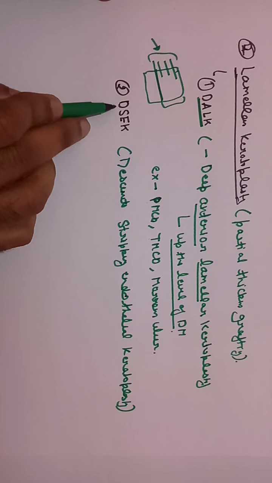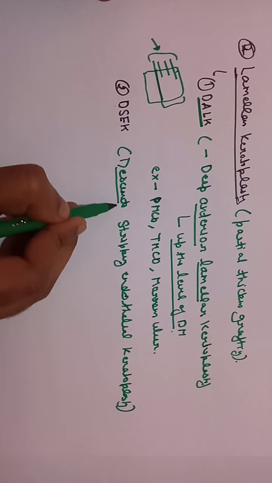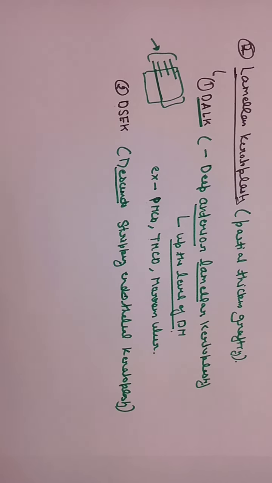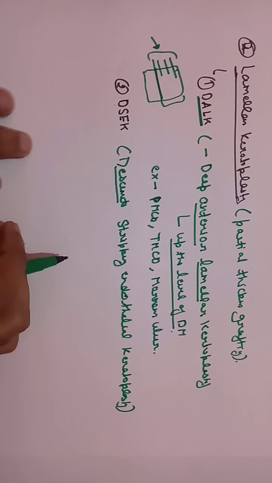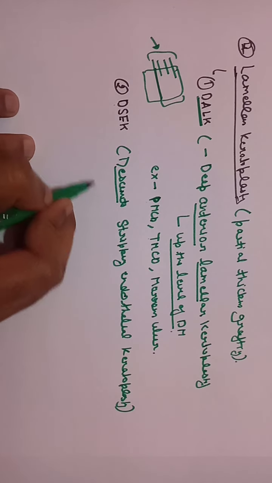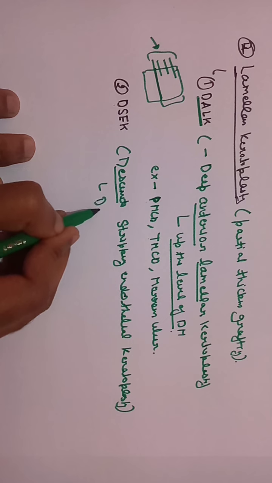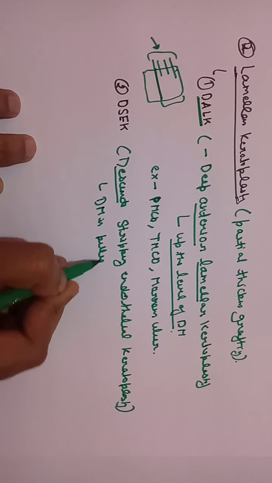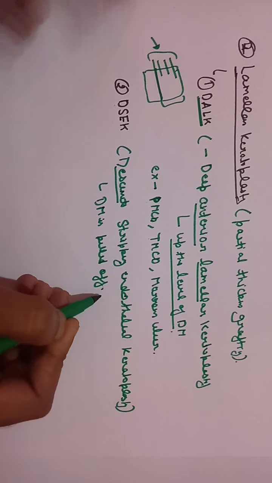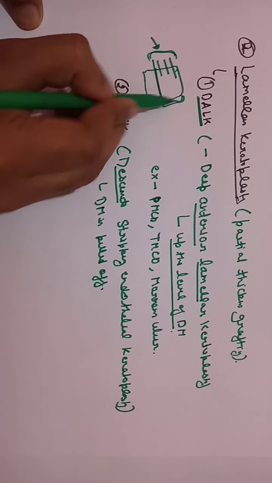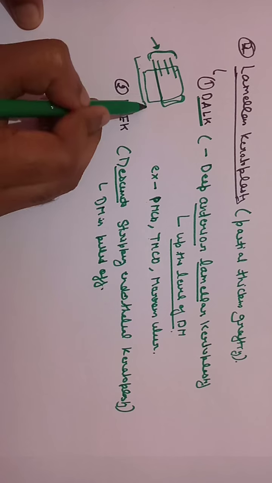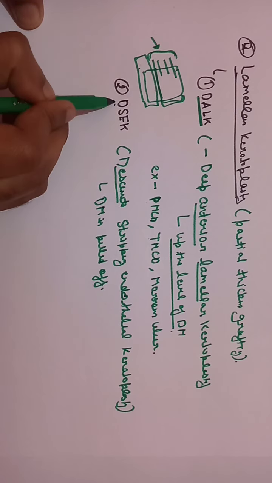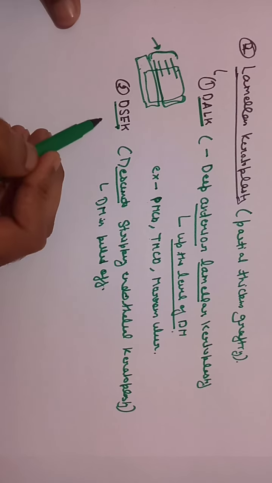According to the name, Descemet's membrane is peeled off, means removed. The three upper layers are normal, so we replace the endothelium with Descemet's membrane. This surgery is known as DSEK.